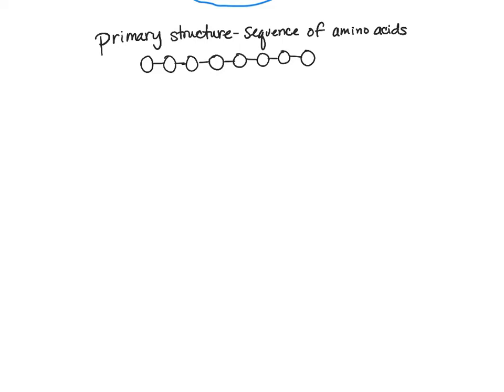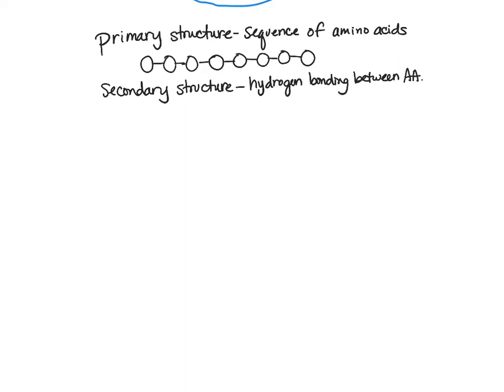Then what happens next is that we have our secondary structure. And our secondary structure is where we can see some hydrogen bonding between the amino acids.